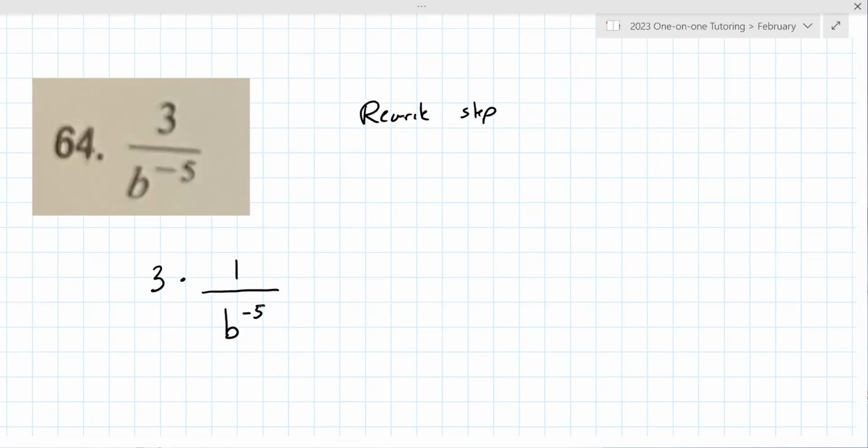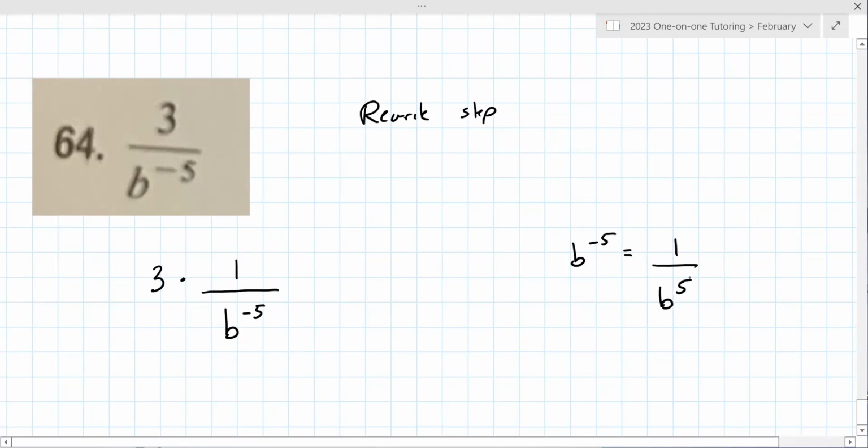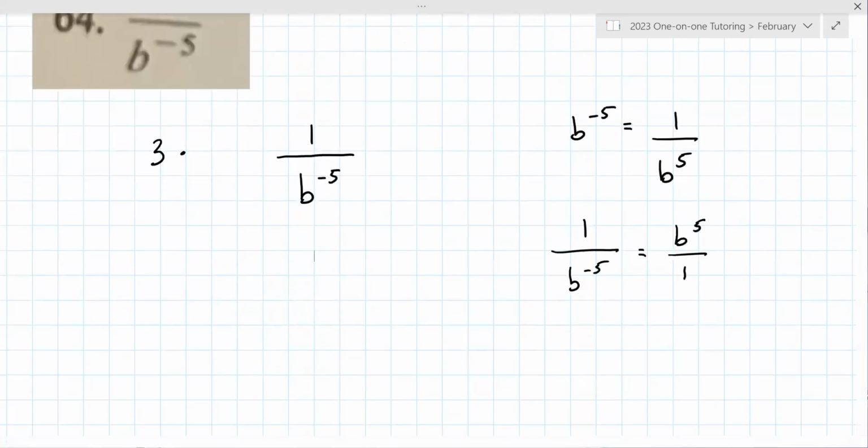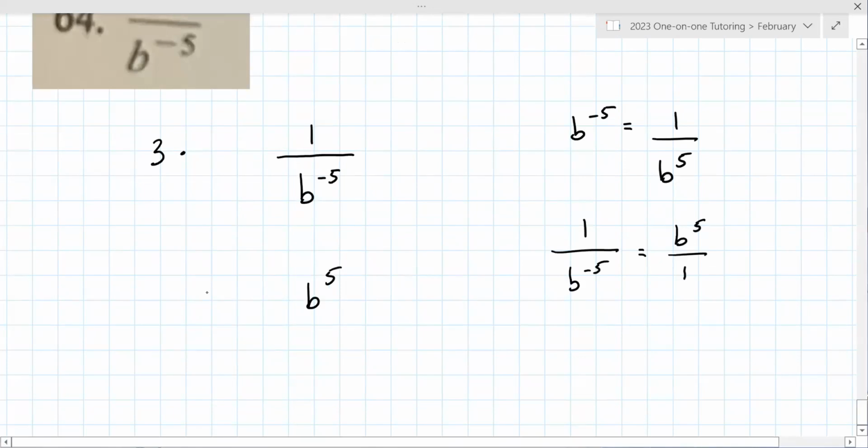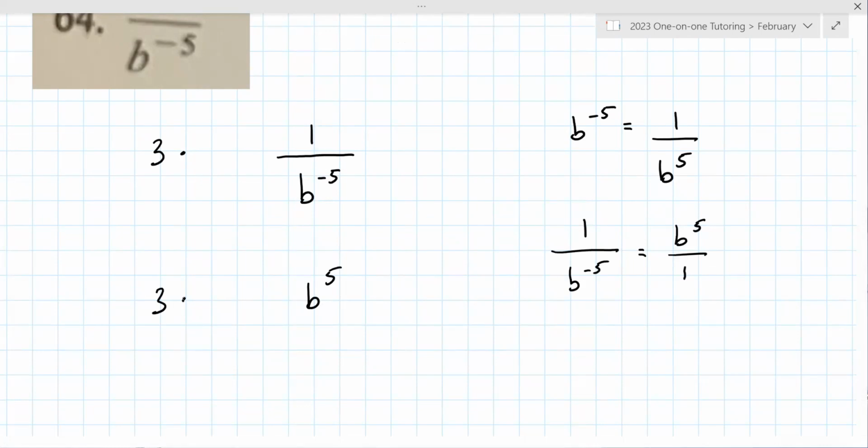So if b to the -5 is 1 over b to the 5th, we covered this last time. 1 over b to the -5 is b to the 5th over 1. Basically, it switches positions. Do you see that? Yeah. The negative comes to the bottom. So this 1 over b to the -5 becomes just b to the 5. So basically, from the other problem, you flip them, but you make the 5 positive. Yes. Okay. Well said.